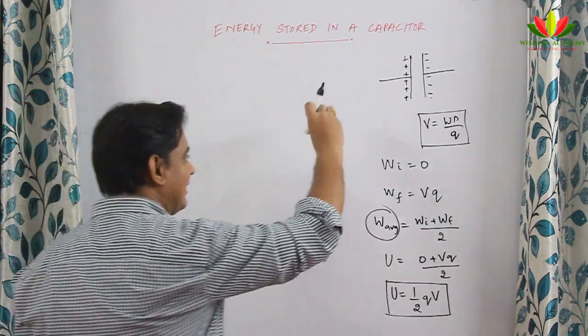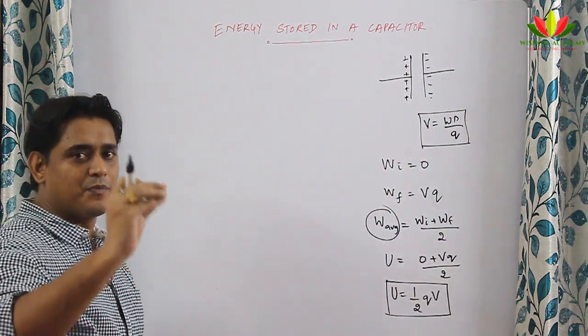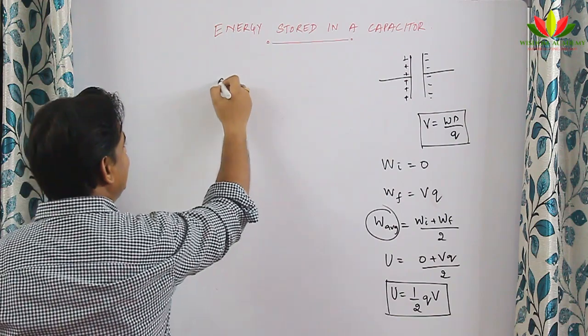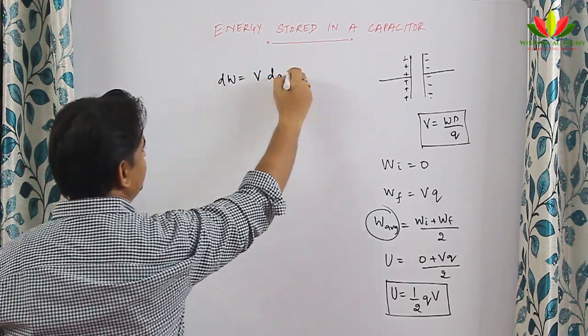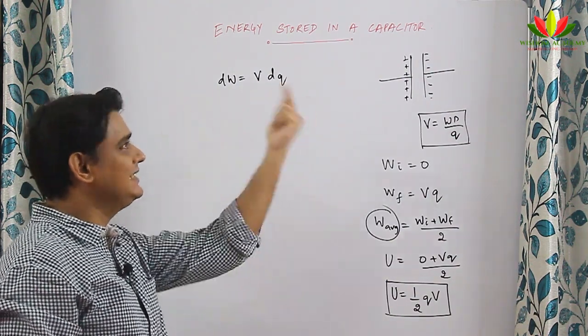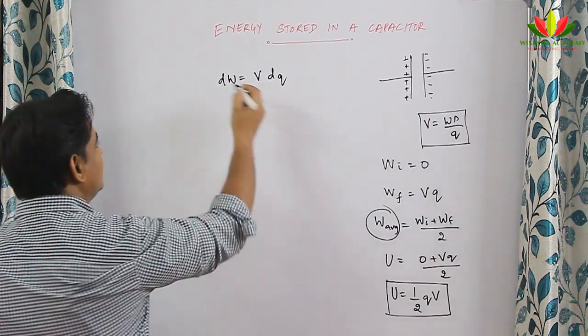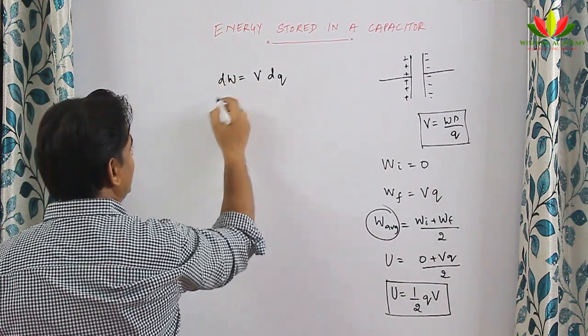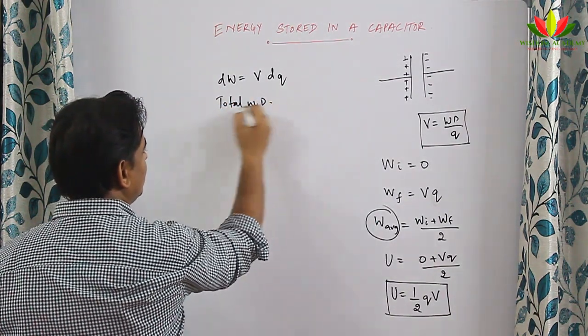For that I will say that a small amount of work done to transfer this charge is dW equal to V into dQ, right? That small work done to send one charge dQ inside the plate is V dQ. Now what is the net work done? For finding the net total work done, we want to integrate it.